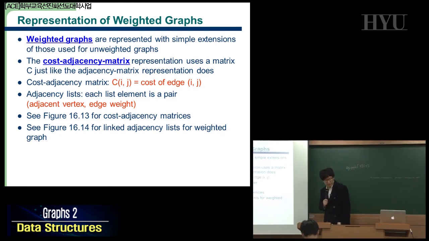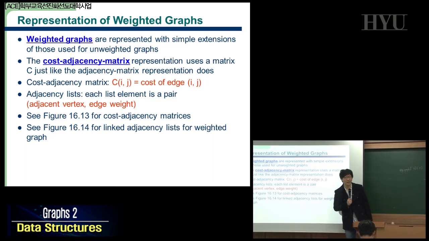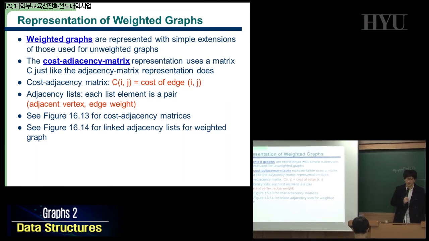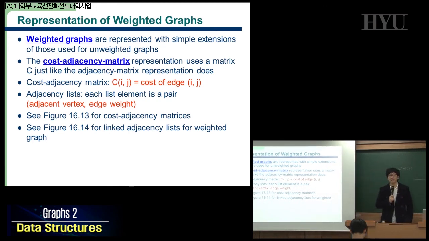Weighted graph. Like I said, if you just replace those values with weights, weighted graphs are represented with a simple extension of those used for unweighted graphs. The cost adjacency matrix representation uses a matrix C, just like the adjacency matrix representation. Instead of 0 and 1, you can start putting the cost between the vertices.